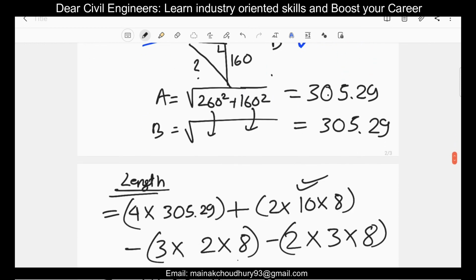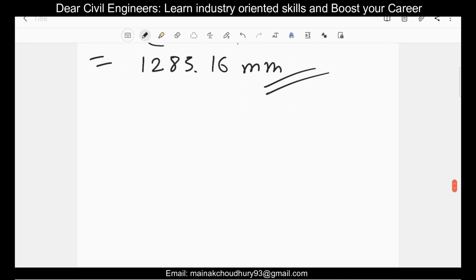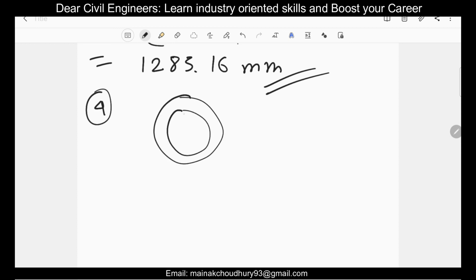So now I know the video length is large, but let's finish everything. Now let's calculate for the circular ones. So suppose you have a circular column or circular beam. For a circular one you'll have minimum 6 number of main rebars. Suppose you have different kinds of arrangements here.